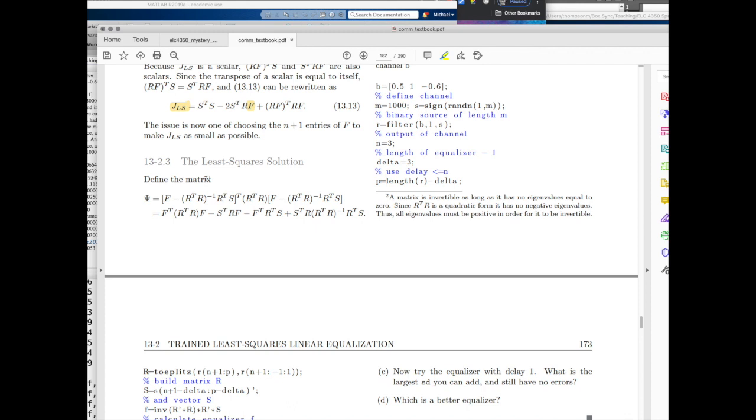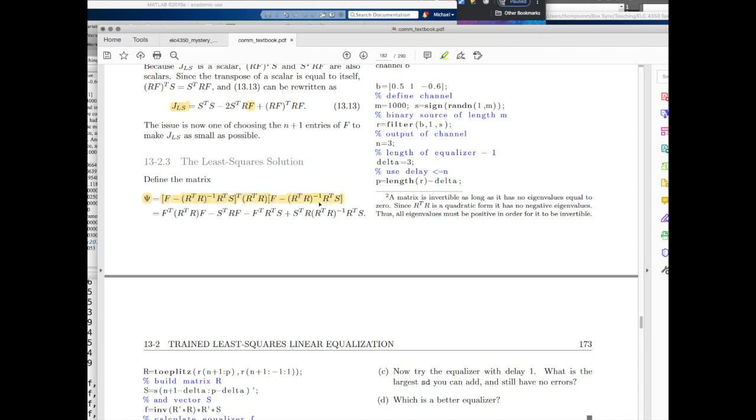I'm not needing you to understand every detail of this because after all, look at it, it's pretty messy looking. But you can work it backwards and verify this to yourself. The solution that he's showing you here is he defines this matrix psi, and here's this big long definition of psi.